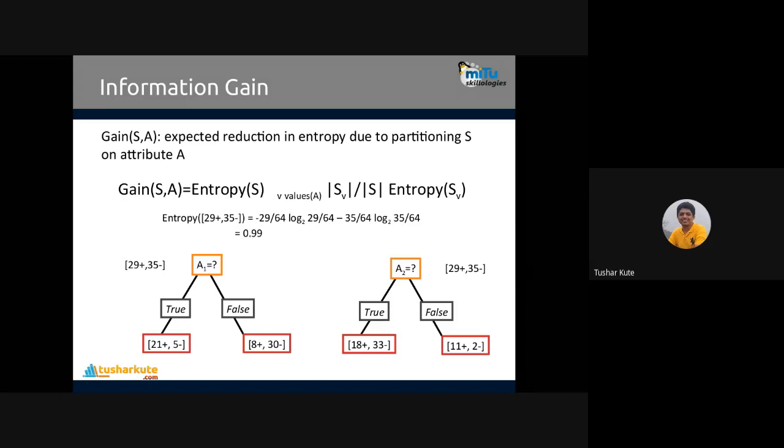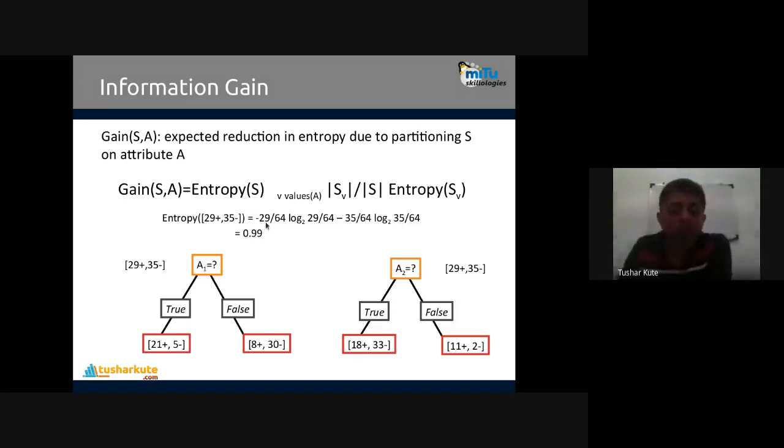Entropy will be calculated by this formula. See, this one: minus P positive divided by total, log of positive proportion. Out of 64, 29 are there. Here also, out of 64, 29 are there, but this is the proportion that we calculated here, and minus the second class, that is the negative class.